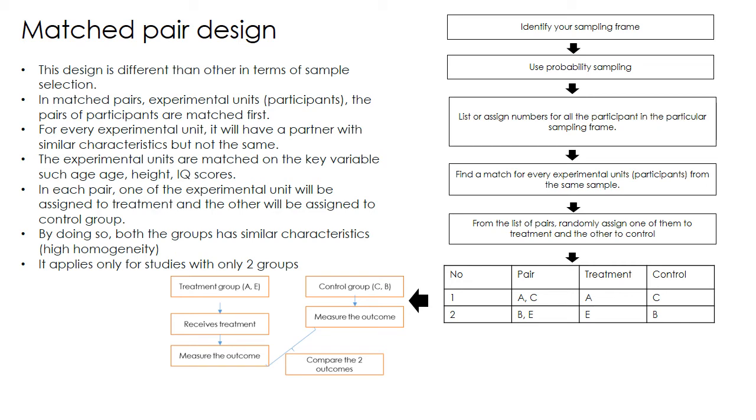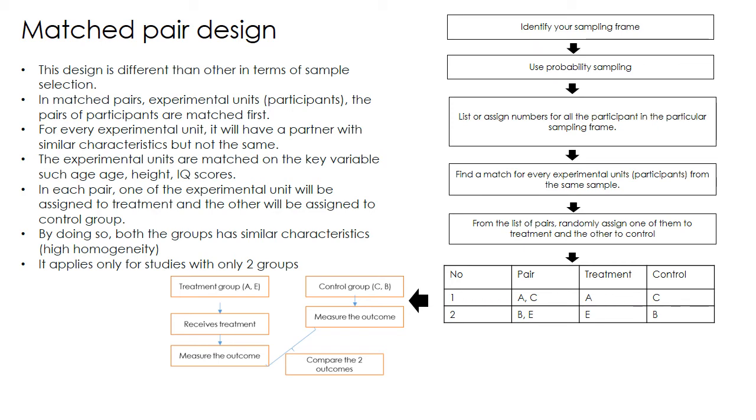From these 400 individuals, they try to find pairs. For every experimental unit, there should be a pair. So you match them first. If it is 400, then it turns out to be 200 pairs.